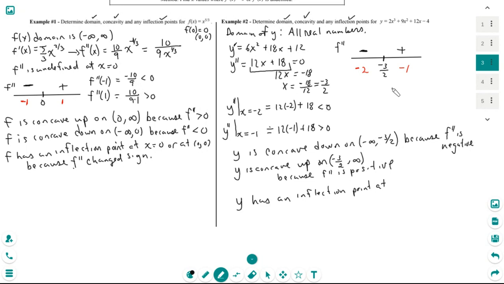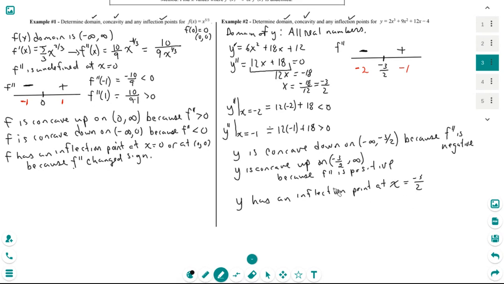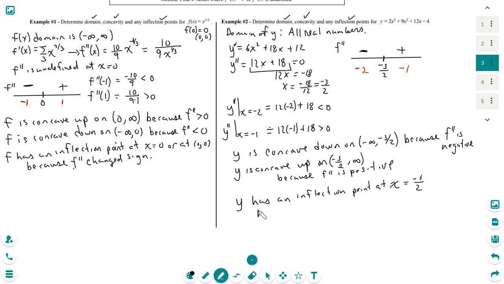The point, well, it's not very practical to substitute this into this function. They're not going to test you on whether you can get a common denominator and add multiple complicated terms for this number. So it's probably where you would just say x equals -3/2. That would be sufficient for this type of problem.